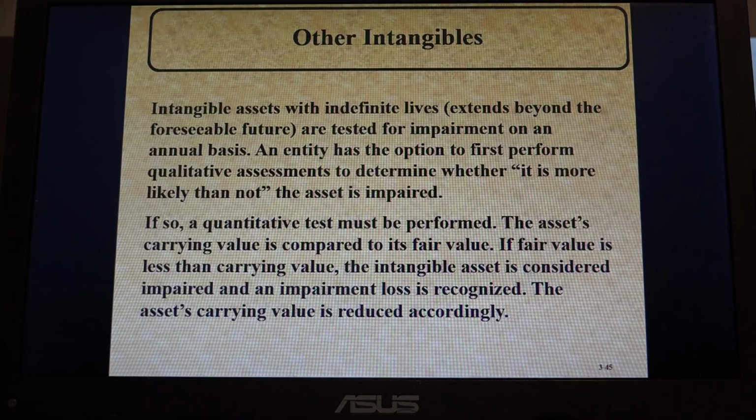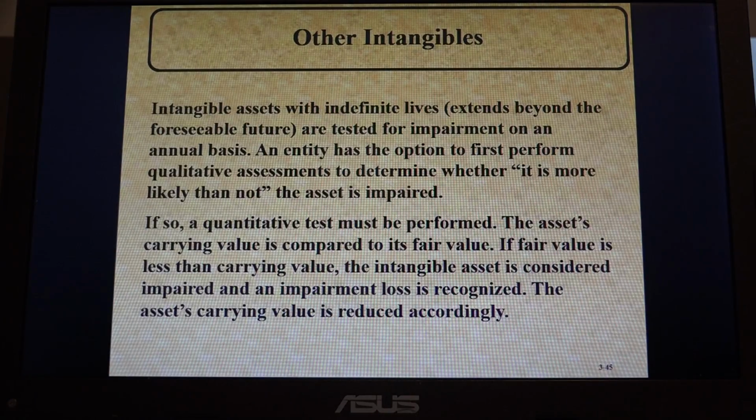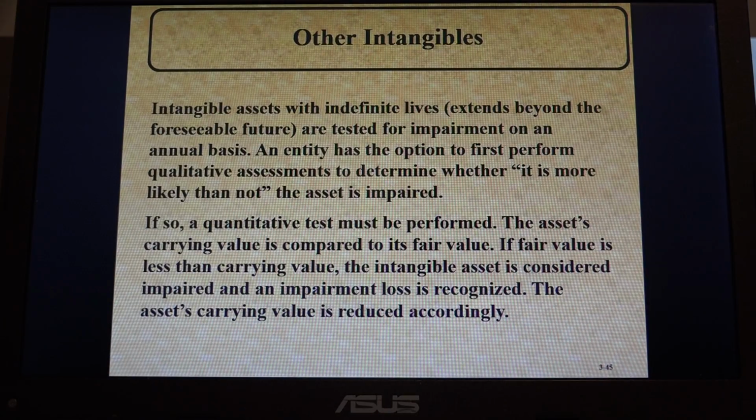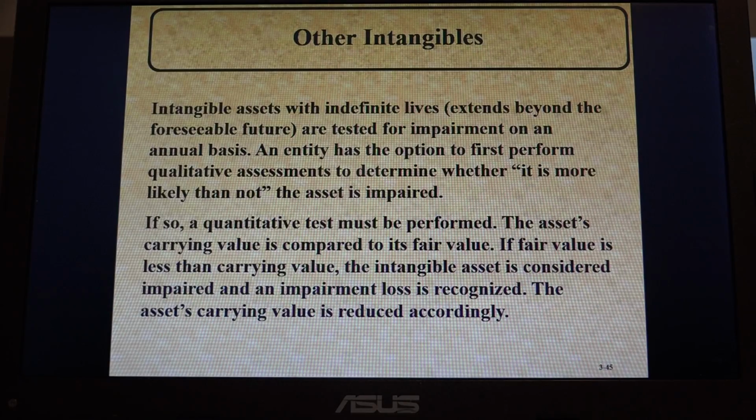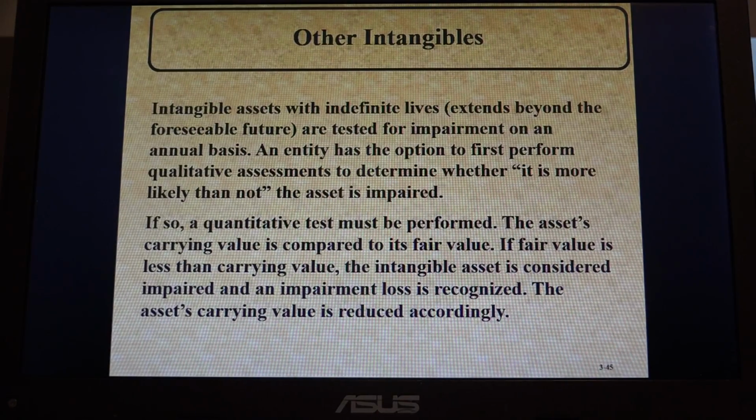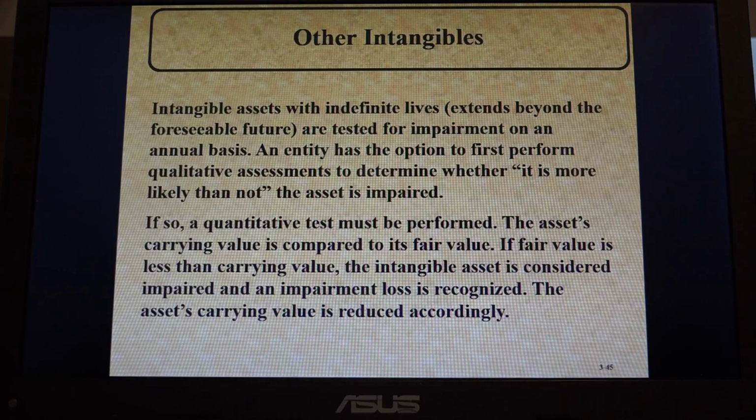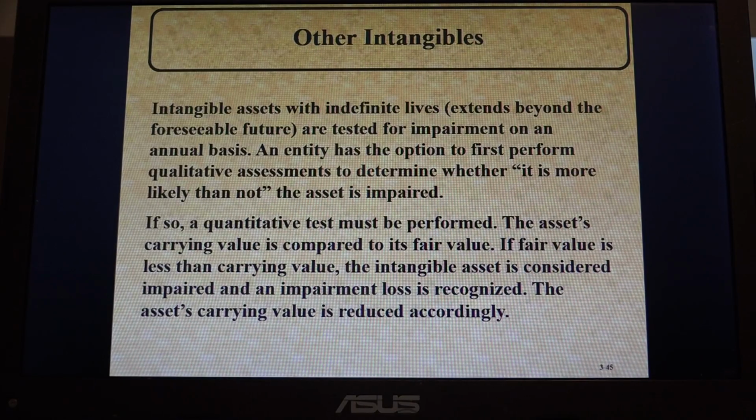Now, again, after doing this qualitative test, if it is more likely than not that the asset is impaired, meaning it's gone down in value, then you have to do a quantitative test, just kind of like you had to do with goodwill. Except it's much easier here because you don't have to allocate to these other assets. You only have one asset, the intangible asset, and you simply compare the carrying value with its current fair value.